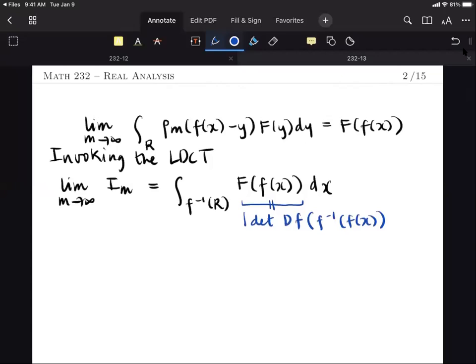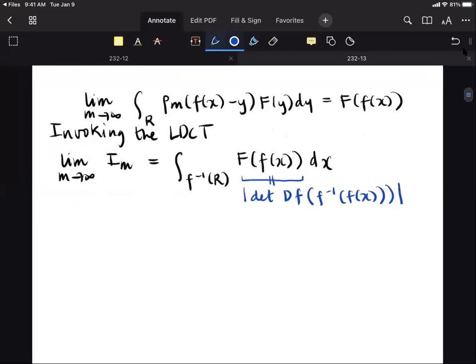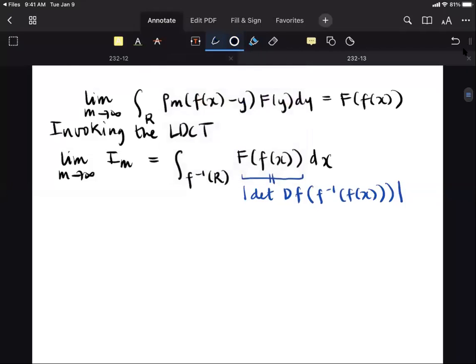So you replace y by f of x. And you can see that this is what? The absolute value of the determinant of the Jacobian at x. So f inverse of f of x is just x dx.